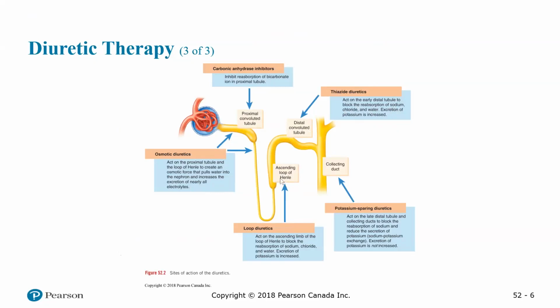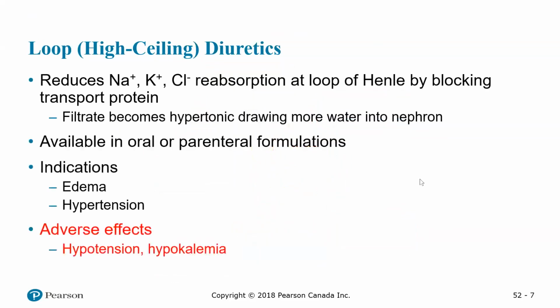This is where we give Lasix, and this one is where you give thiazides, which is the hydrochlorothiazide. And then the potassium-sparing diuretics are over here, and this is where potassium is allowed to come back into the kidney. So this is the one where potassium is spared, and you don't end up with hypokalemia.